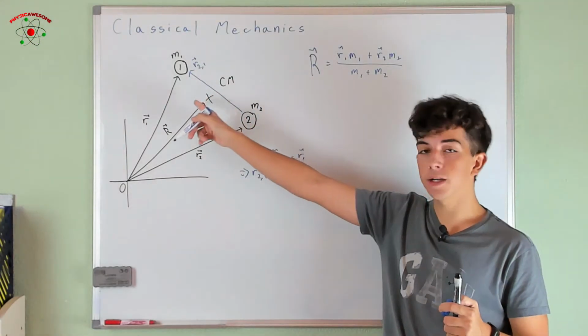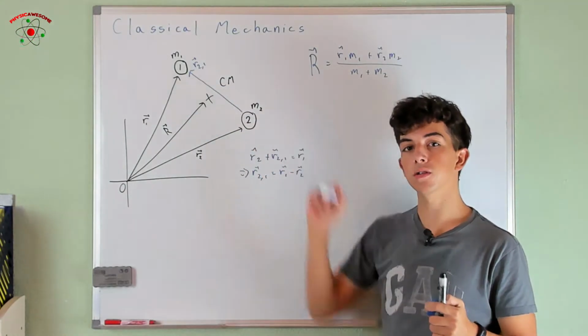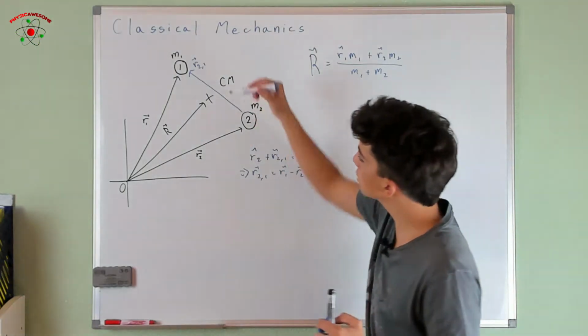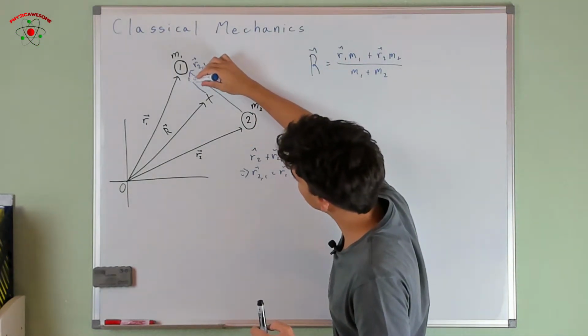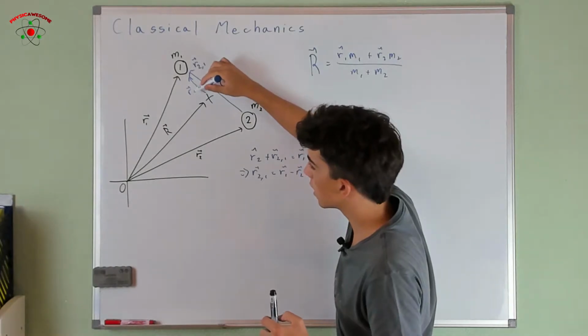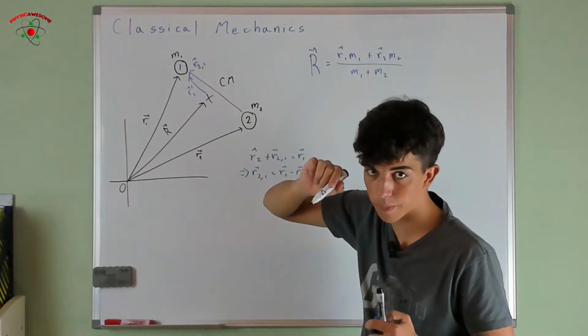Now we would like to find what the positions in the center of mass frame are. So we would like to find a vector right around here that is going to be called R1 prime.